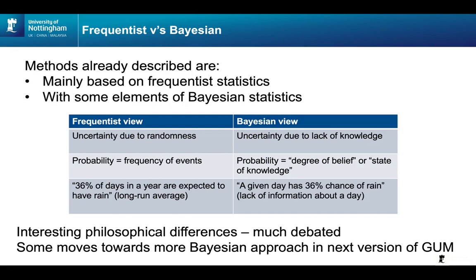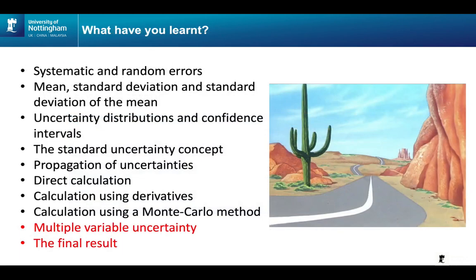But there is some move towards a Bayesian approach. One thing about a Bayesian approach is it removes some of the mathematical difficulties about adding distributions together and things like that. Those start to disappear, and you can have a more harmonious approach which is based on rigorous mathematics. But that would all come in the future.